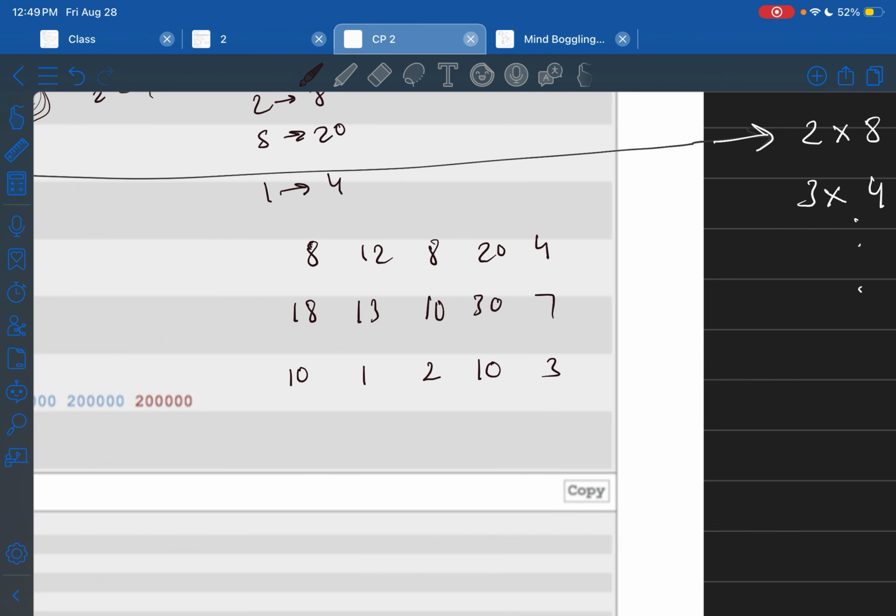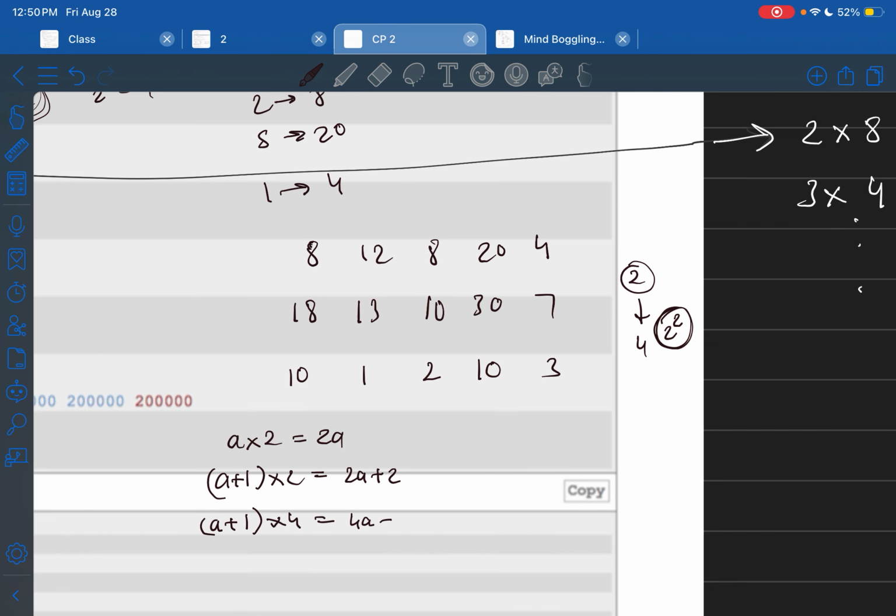Now our limit was basically 2. That implies 4, like 2 squared. We can only multiply by 4 at most. So notice that if my initial number was a and I multiplied it by 2, it becomes 2a, and (a plus 1) times 2 becomes 2a plus 2. (a plus 1) times 4 equals 4a plus 4.